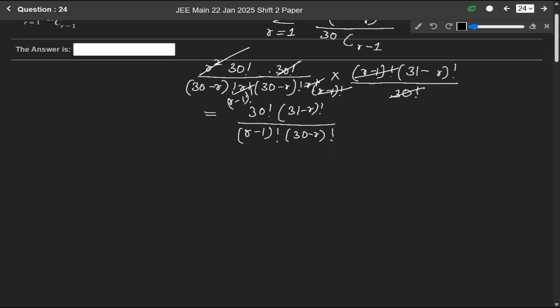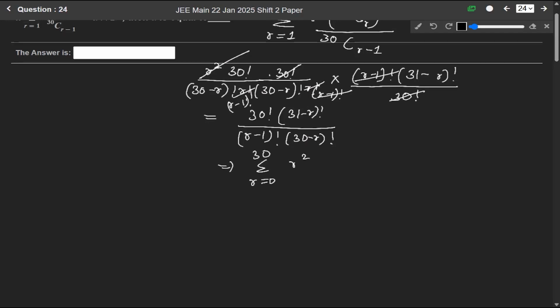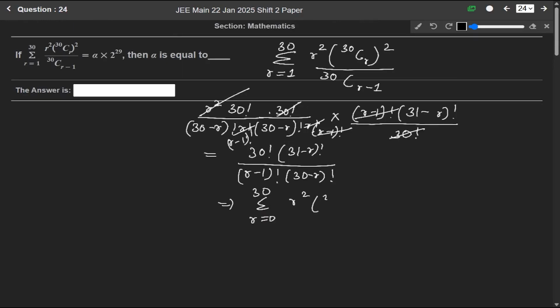Okay. So it can be written as the sum over r equals 0 to 30 of r square (30Cr) whole square over 30C(r minus 1).